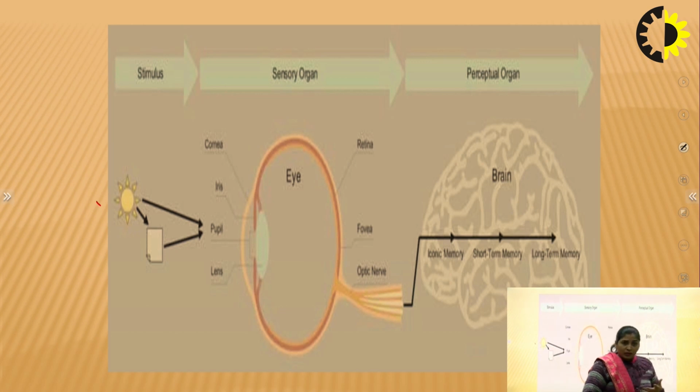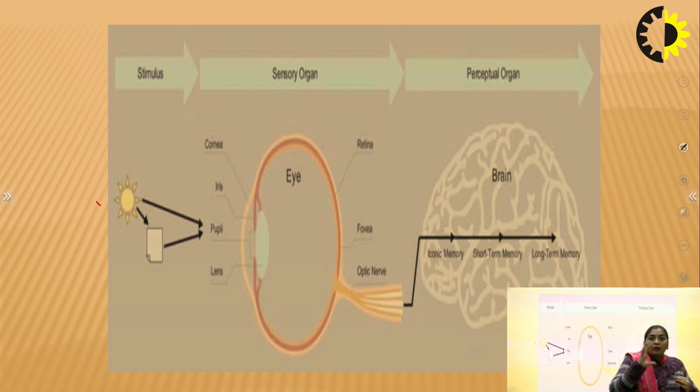In the brain, there are 3 types of memory: short-term memory, long-term memory, and iconic memory. Iconic memory means capturing the data or analyzing the object. For example, if a child sees an apple for the first time, that is iconic memory. It will see the picture and analyze it.